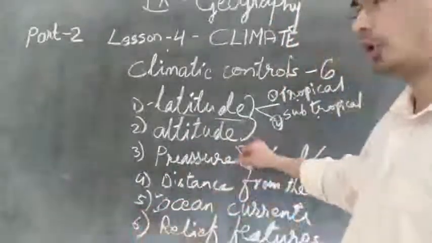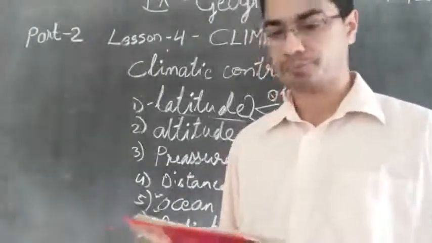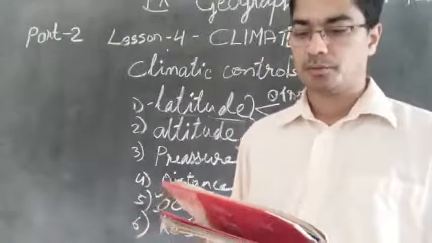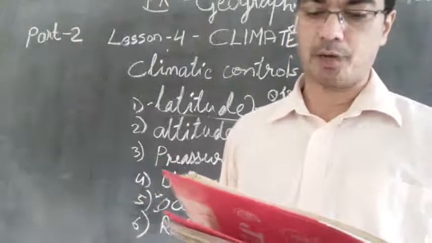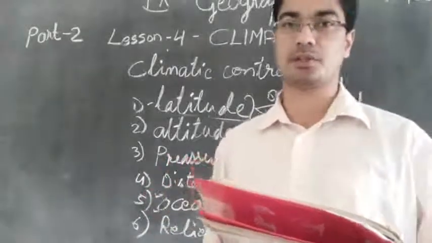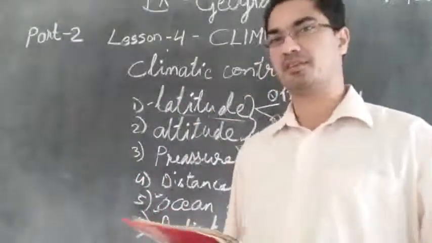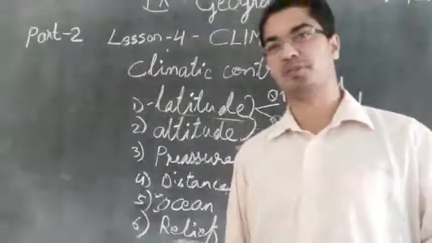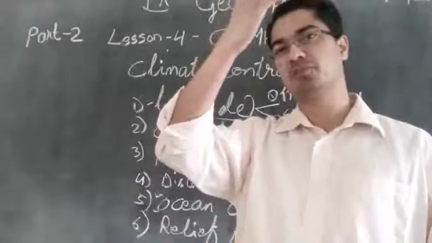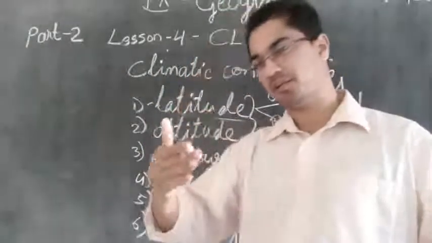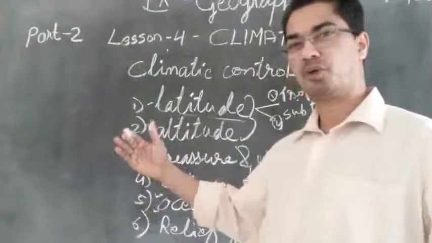Now let's see how the altitude is helping to change the climate of a place. India has mountains to the north which have an average height of 6,000 meters. Can you say which is a mountain? We have in the northern part of India the Himalayas, starting from Kashmir and passing through the border of India and Nepal and reaching up to Arunachal Pradesh.